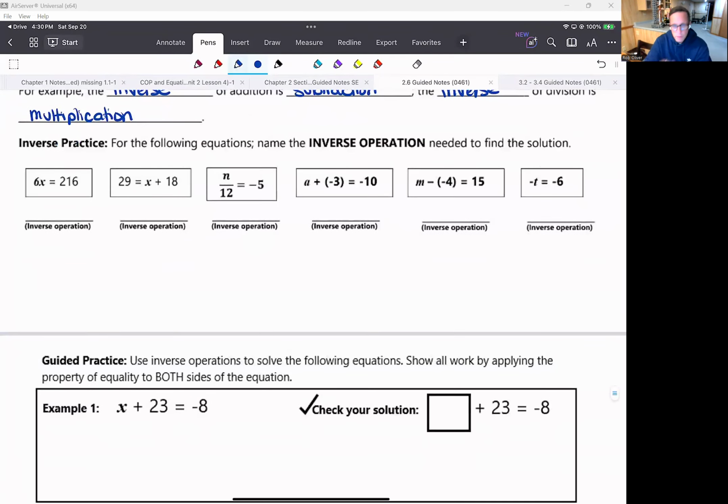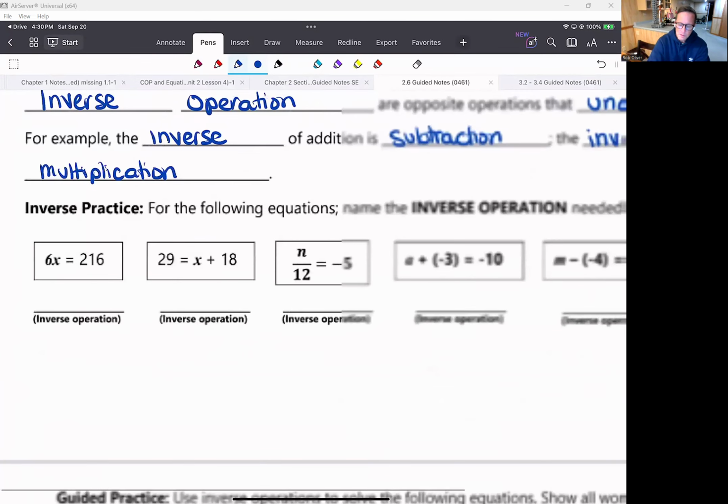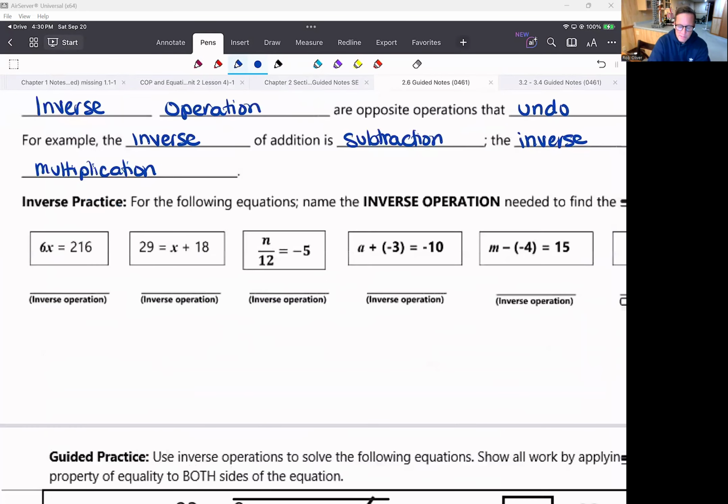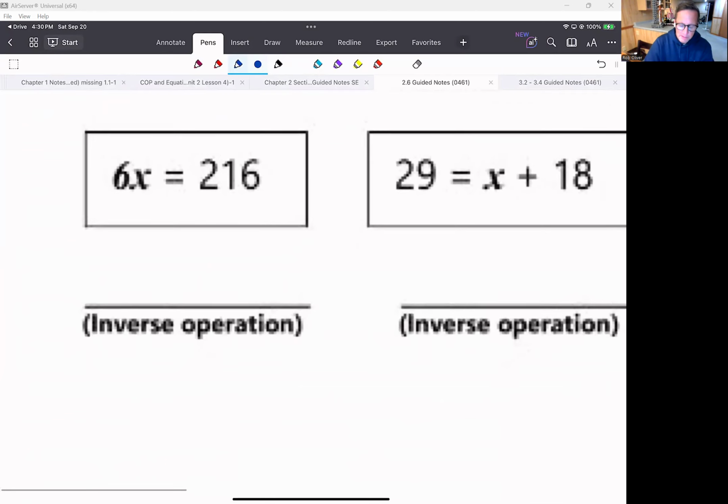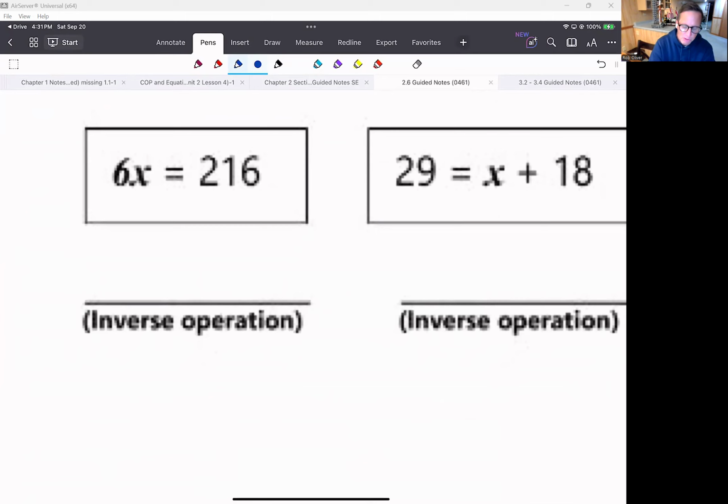We've got some examples here where it says for the following equations, name the inverse operations needed to find the solution. I'm having a bad time with words here, whatever. What you want to focus on is the letter side.